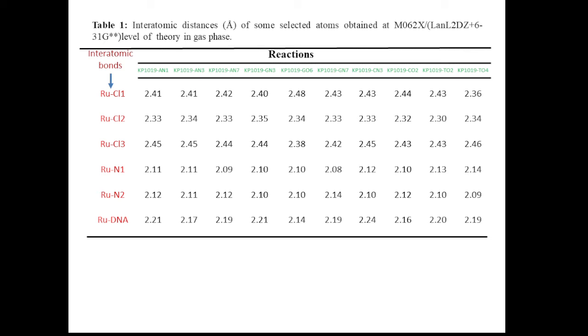Here you can see that the Ru-DNA distance ranges from 2.14 angstrom to 2.24 angstrom, and for the Ru-Cl bond it is 2.33 to 2.45. So the DNA active sites are tightly attached to the ruthenium.